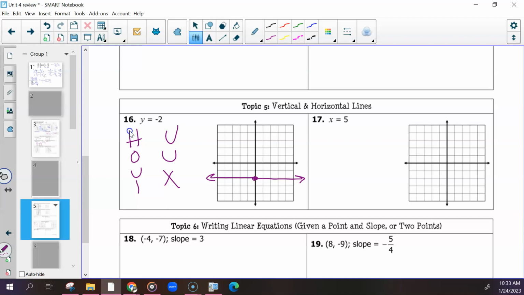I know there aren't a whole lot of actual graphing problems in this. Just remember when you're doing graphing, start at your y-intercept, then do your slope points, fill up your graph. Okay, go on to the next page.